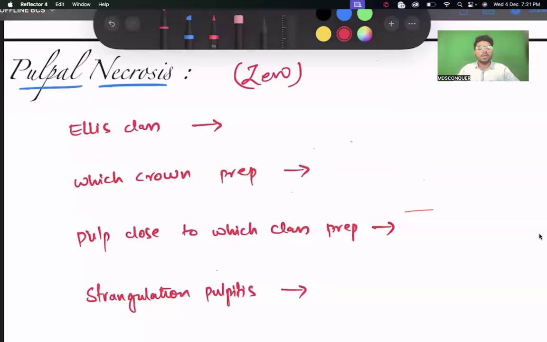Whenever the pulp is dead, there is no pressure in the pulp. If the patient is dead, what is the blood pressure? Blood pressure in a dead patient is 0. Blood pressure in the dead pulp is 0. Very simple. Okay, right. So, which Ellis classification or class is inclined to necrotic pulp?